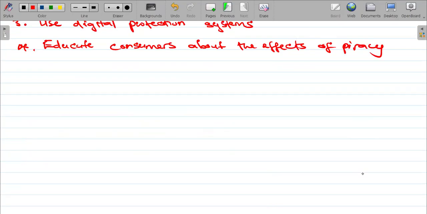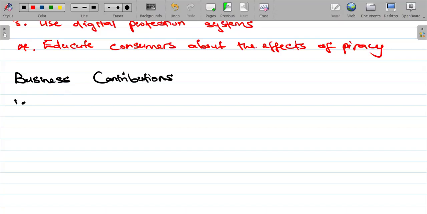So let's talk about business contributions to deal with piracy. The business has to support law enforcement agencies. They're also supposed to invest in innovation and branding.